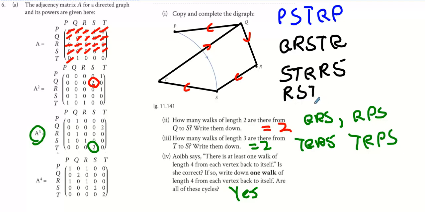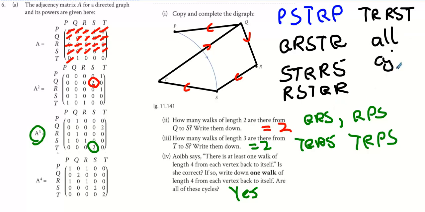It's just the same stuff over and over again. And what's the last one we have to do? T to T, which is exactly the same thing, except we're just going to go T, Q, R, S, T. Yeah, we got one of each type. Perfect. Okay, they're all cycles. And that's that one done.